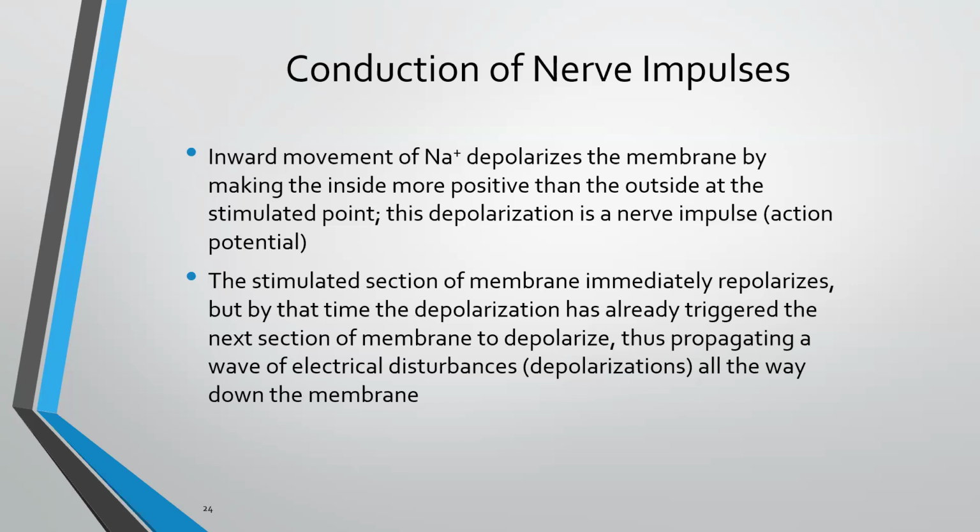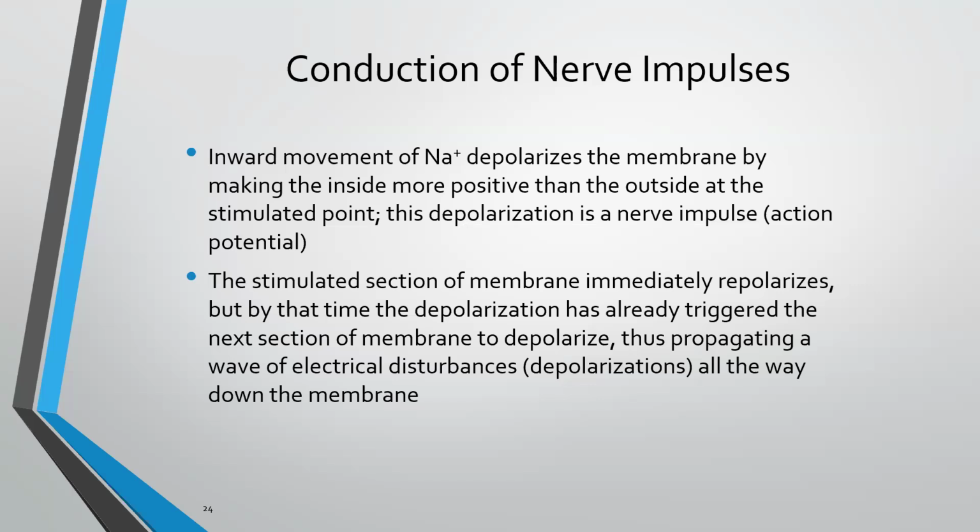By the time this happens, the depolarization has already triggered the next section of the membrane, and that's how it sends the signal down. It starts at one part and then depolarizes all the way down the nerve, and that's how it pushes that signal down the nerve.